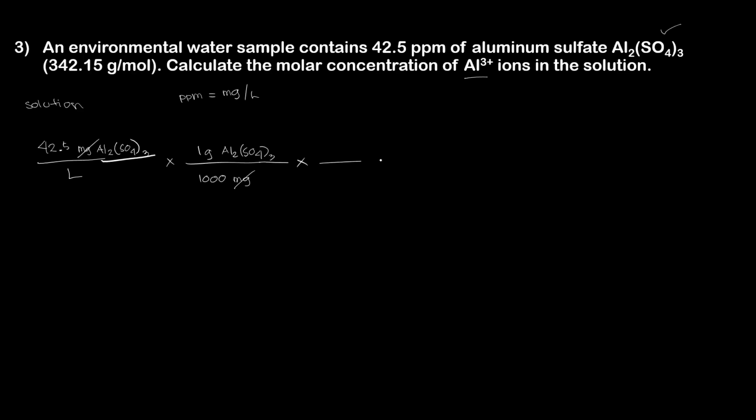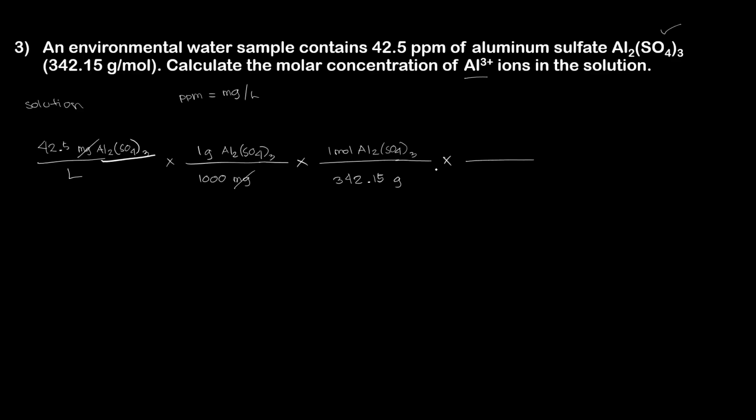Now we can use the molar mass given of the aluminum sulfate. So 1 mole of Al2(SO4)3 is simply 342.15 grams. But remember, sometimes the molar mass is not given. You can use your periodic table to calculate the molar mass.